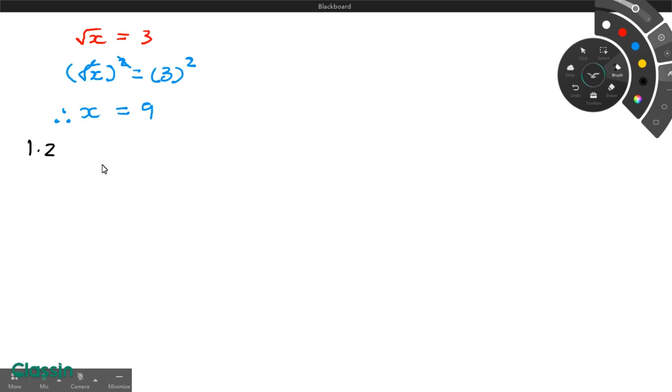In most cases, remember I'm not saying always, if you go through the question papers, grade 12, you will notice that 1.2 in most cases is simultaneous equations. So now we are going to solve simultaneous equations.